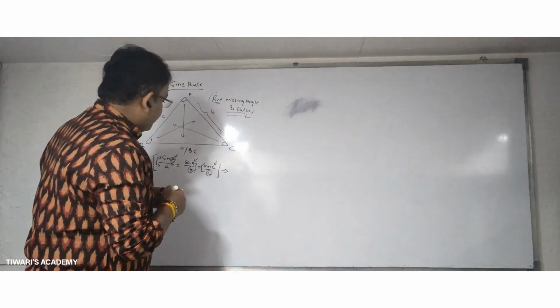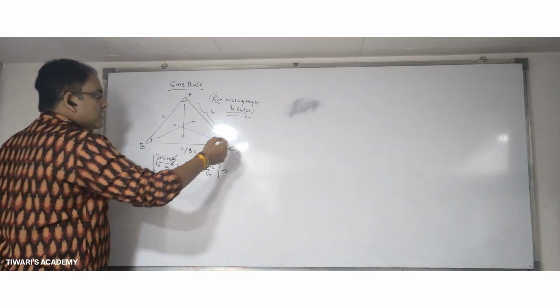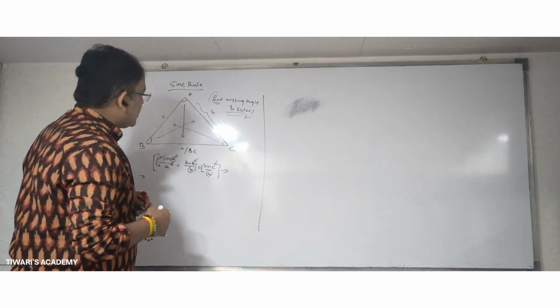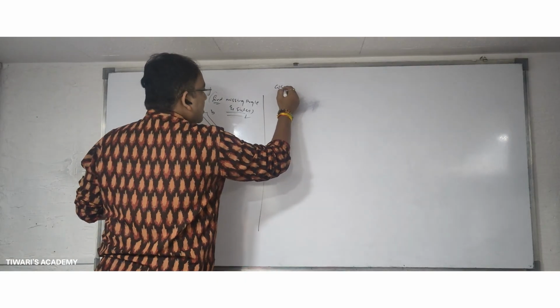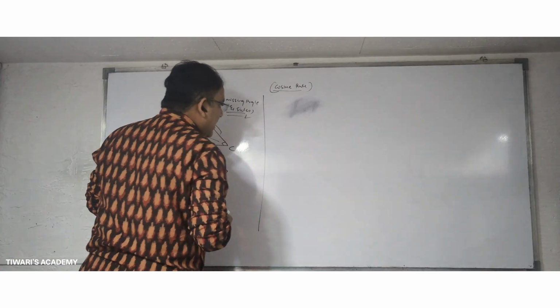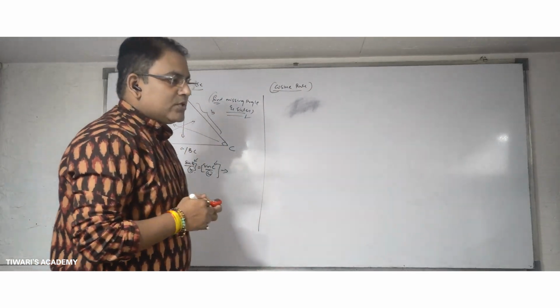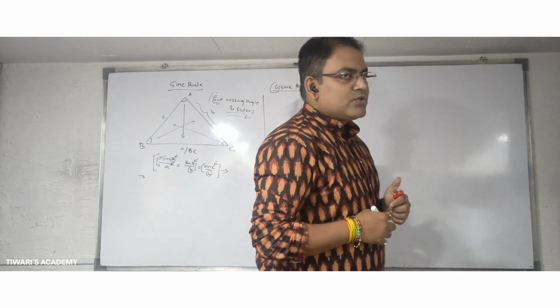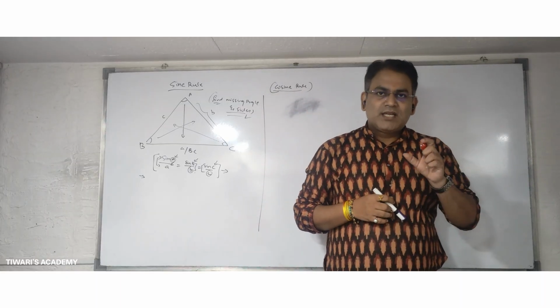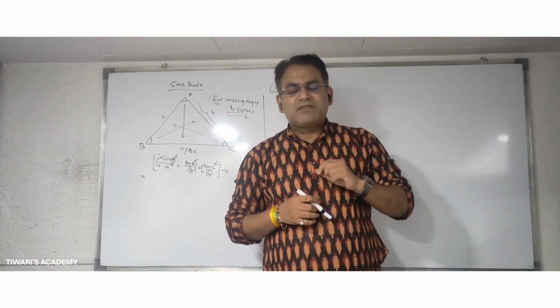Now similarly, we'll talk about cosine rule. We'll solve one sum based on each. Now what is my cosine rule? Just now I told you both of them are basically used to find sides and missing angles, but in this case it is a little more specific.